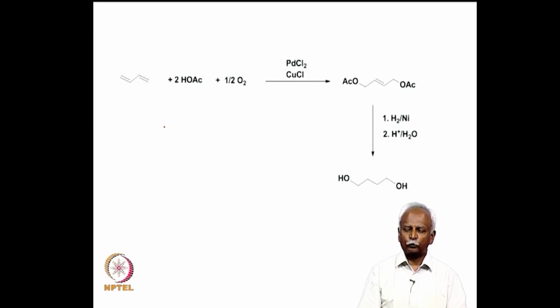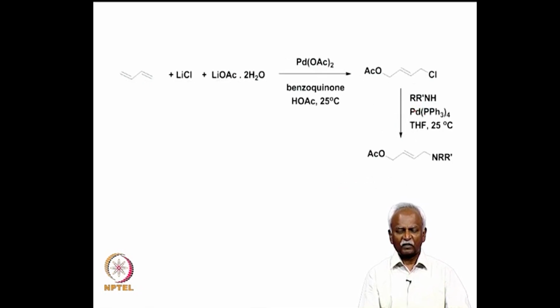This gives us a very useful molecule, because reduction with Raney nickel and hydrogen leads to a diol, and this diol is useful because it can be used in the polymer industry on a fairly large scale.